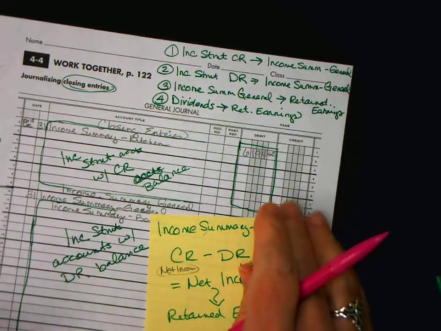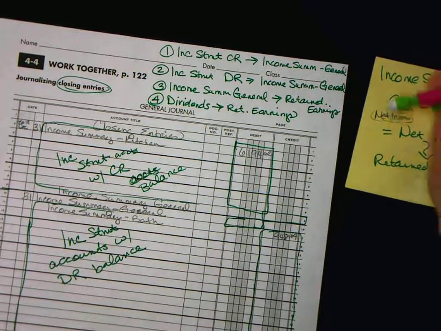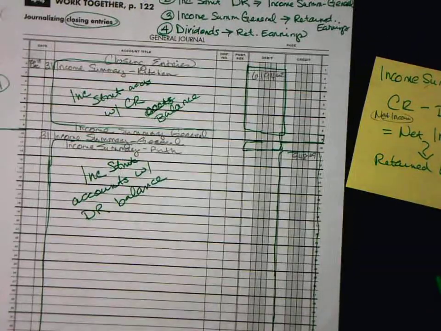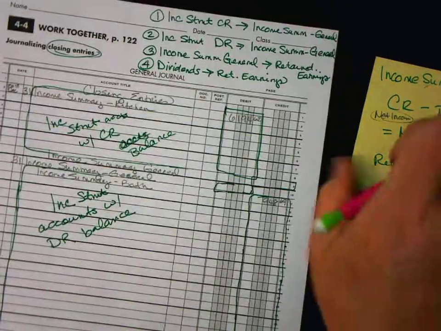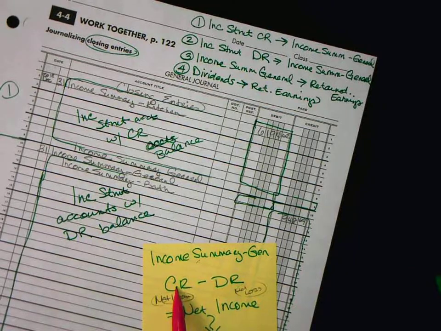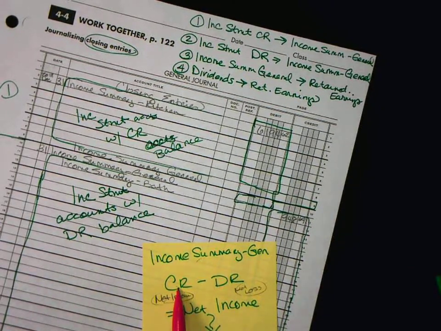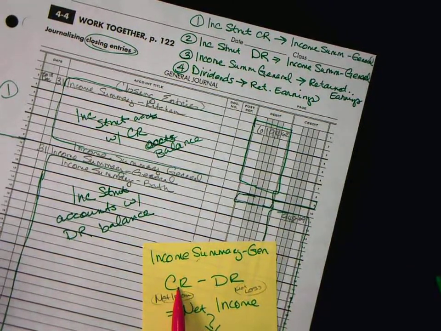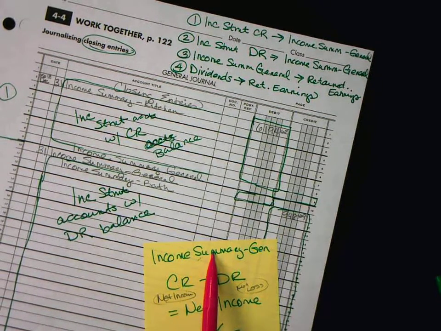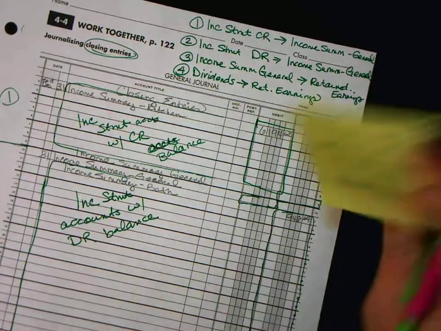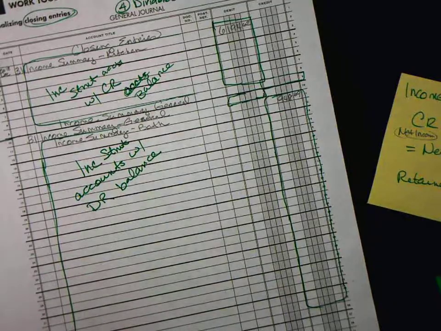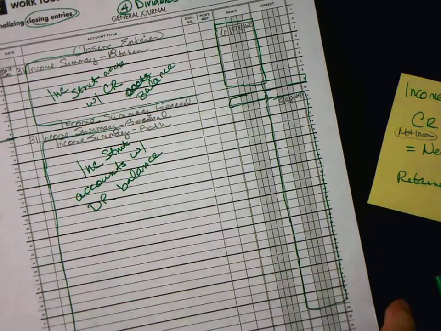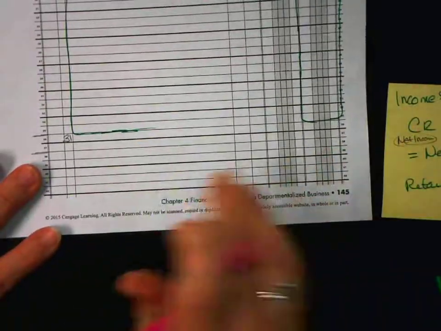All right, so here we definitely have net income. Our credit's bigger. So if we have a credit balance and we have to close it, we have to debit income summary and credit retained earnings. Okay, so our next transaction on the 31st, bring this back here.